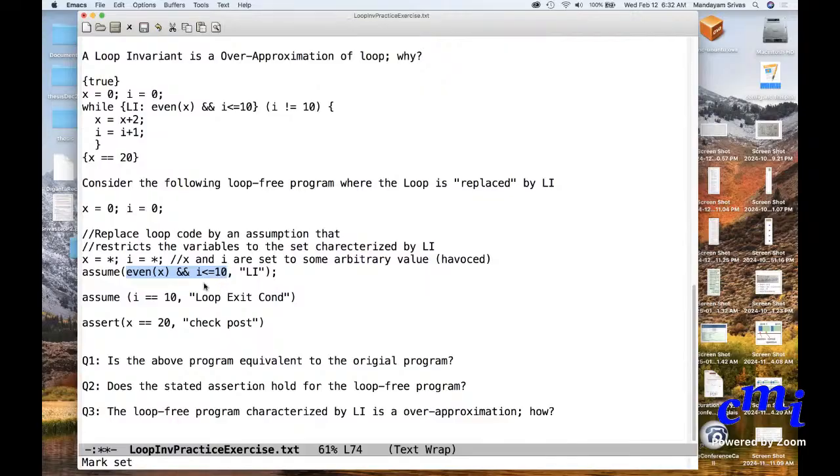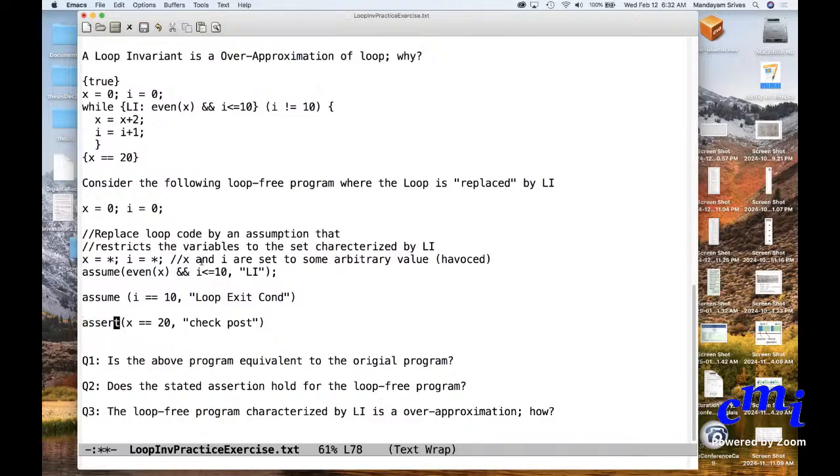This exactly captures one way to check the post condition using the loop invariant. You assume that, then you assume the loop exit condition holds, and then you check if your post condition, described in the assert, holds.